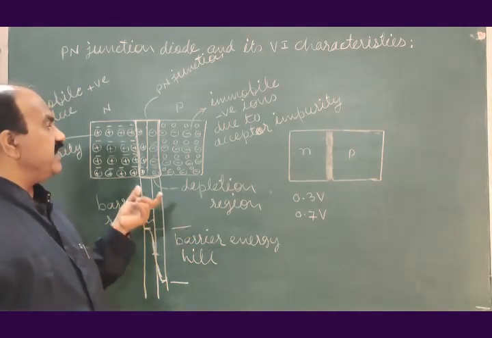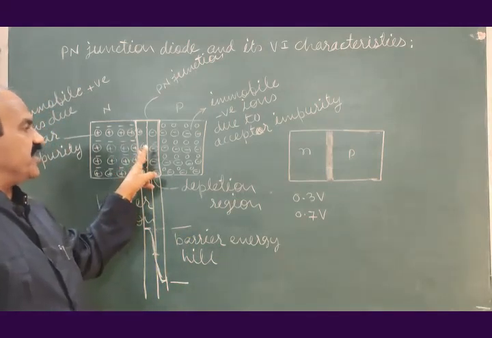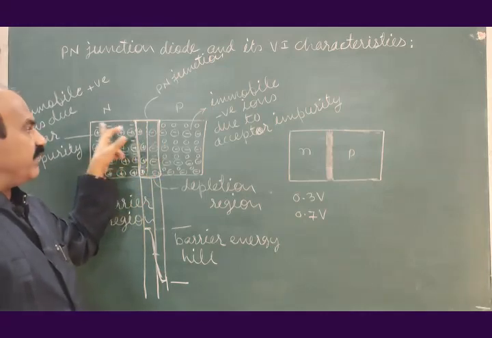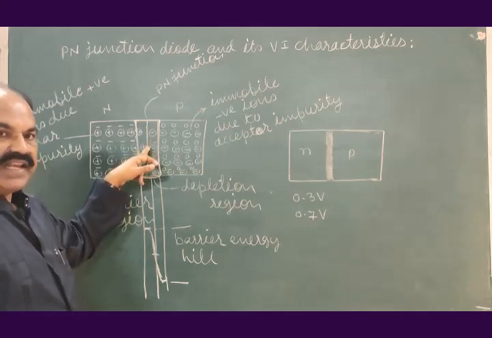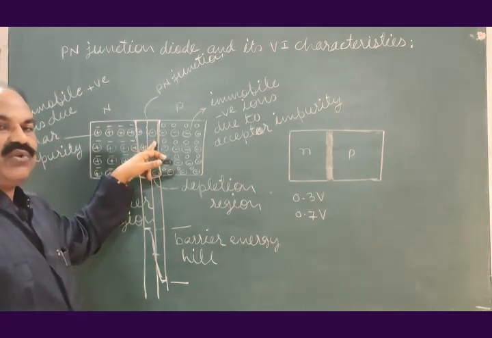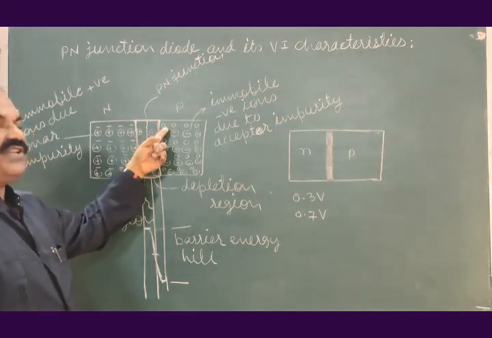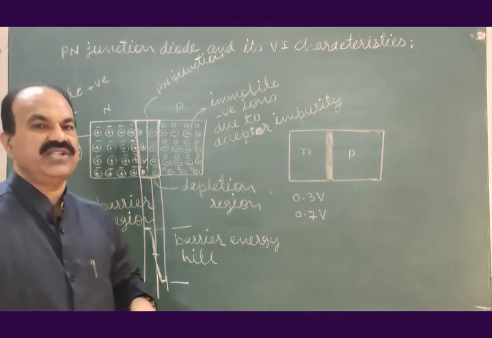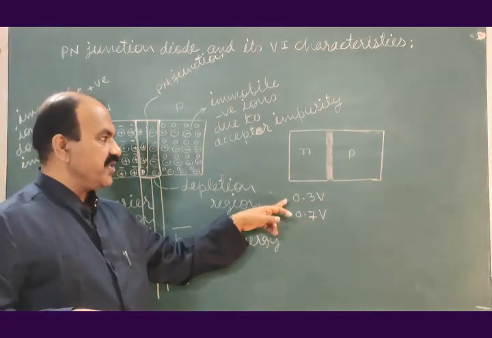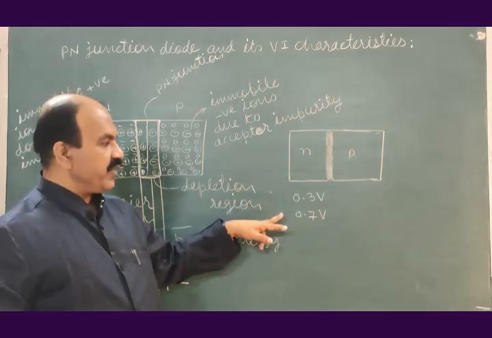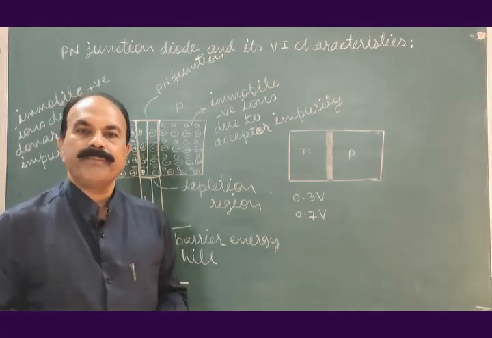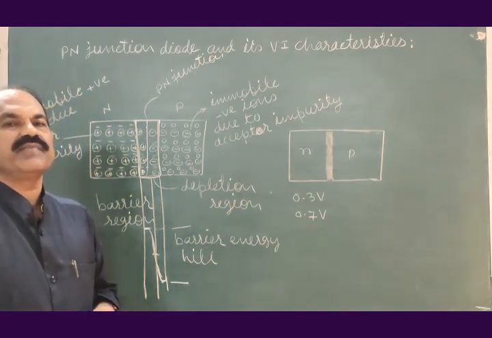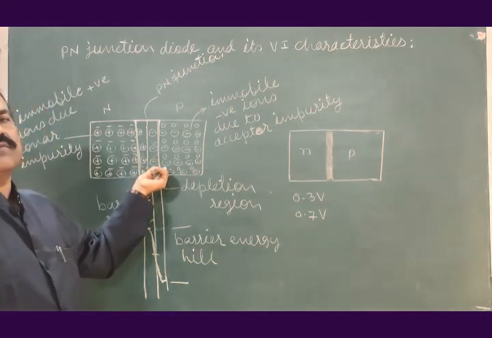So, if we provide 0.3 volt in the opposite direction for germanium, the repulsion of electrons because of immobile negative ions, and the repulsion of the free holes because of immobile positive ions, will be overcome. Likewise in a silicon semiconductor diode, the opposition will be overcome.